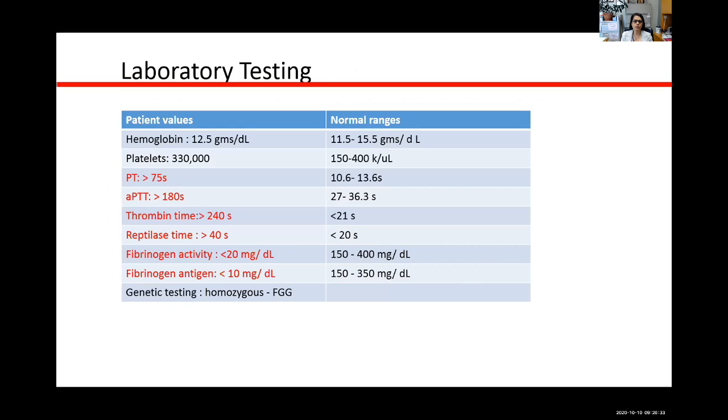We also could send genetic testing, and he has a mutation in the FGG gene for which he is homozygous, and this confirms his diagnosis of afibrinogenemia.